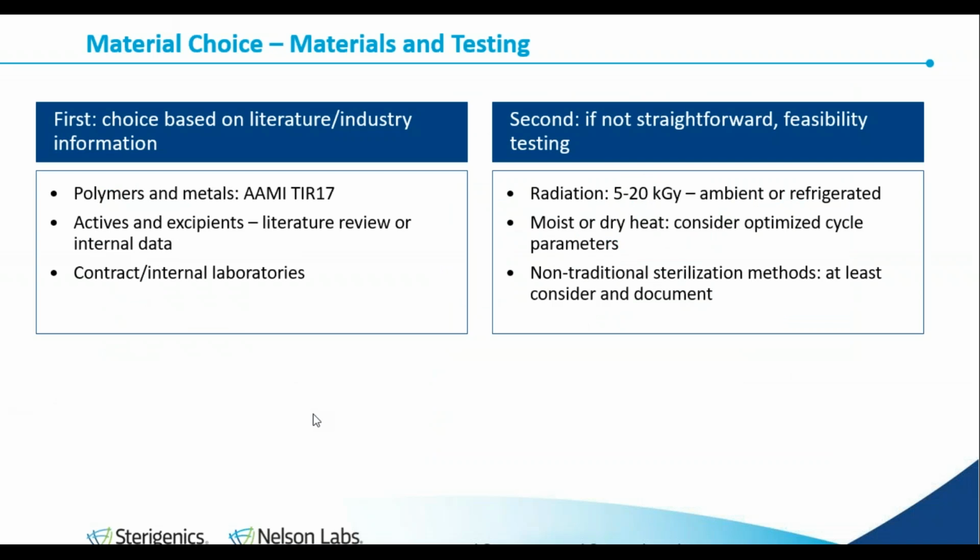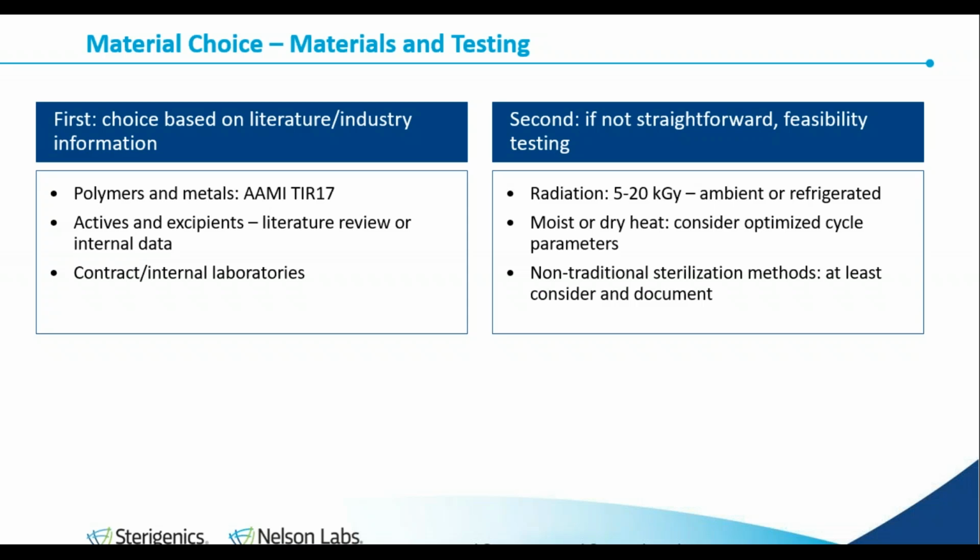So in selecting materials, we'll talk about this first. Clearly, the easiest thing to do is to base your selection of materials on literature or industry information. So what's available out there? There is a really good document published here in the US from AAMI. It's called TIR 17.